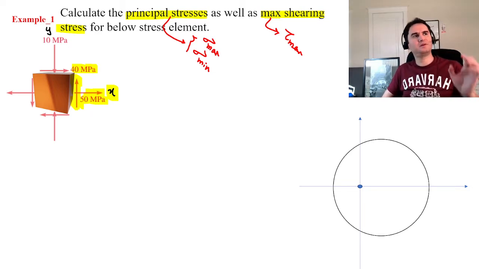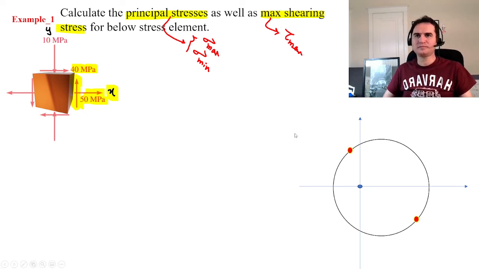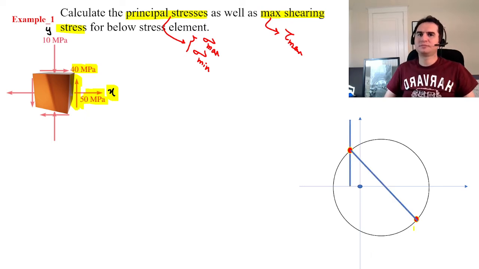If you remember, if a shearing stress tends to rotate the element counterclockwise, the point in Mohr circle goes below the x-axis. So if we want to plot point x, it goes below the x-axis.